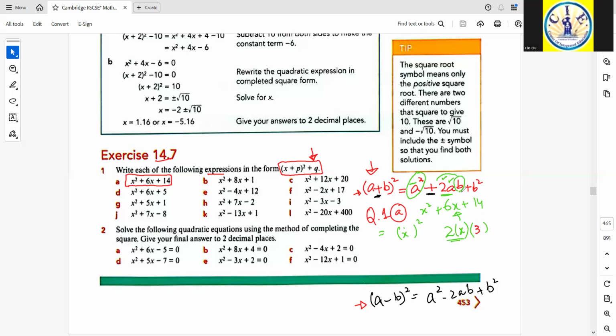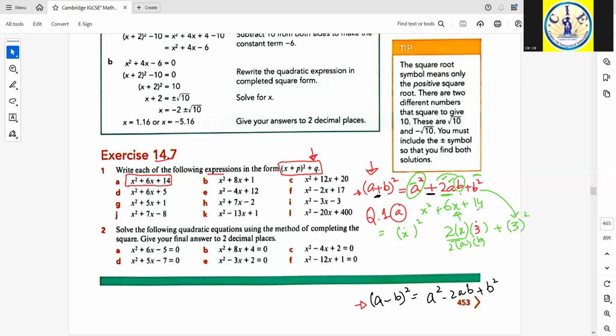That tells you that b should be 3. So then we have b squared. That's why we should be having 3 squared, because in this case b is 3, a is x, and 2 is the same. So that's why we write it like this, to complete this thing.